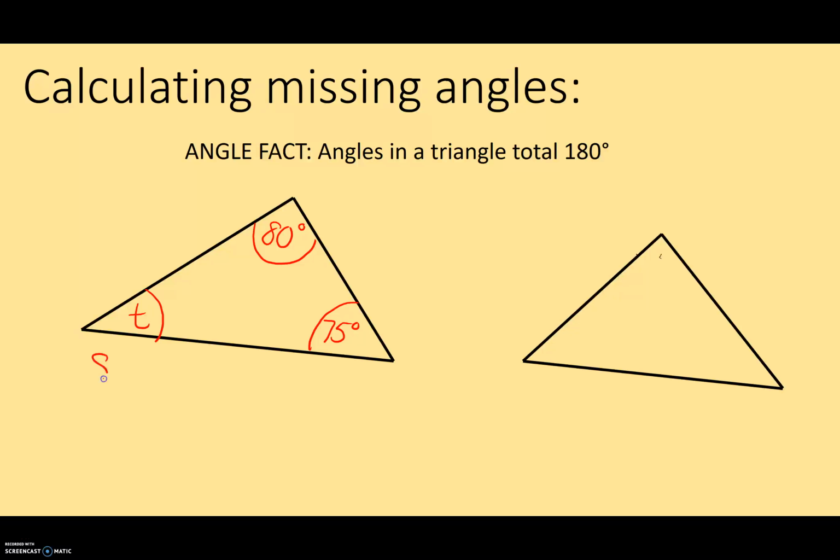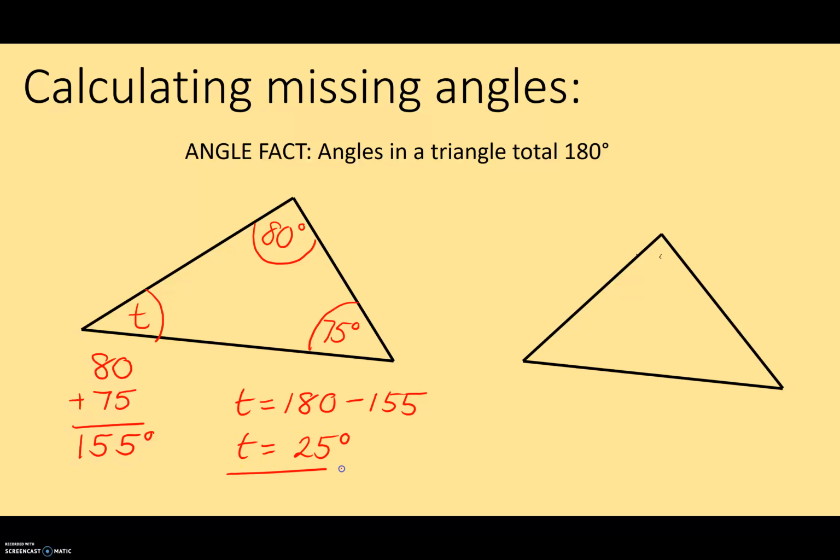So I start off by saying 80 add 75. So my total so far is 155 degrees. So T is going to be 180 subtract 155. So T is worth 25 degrees.